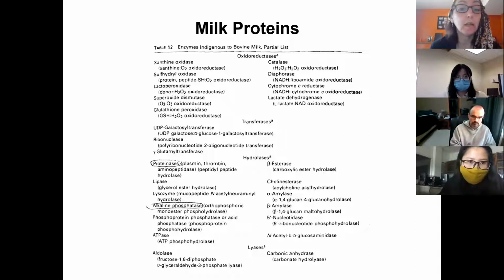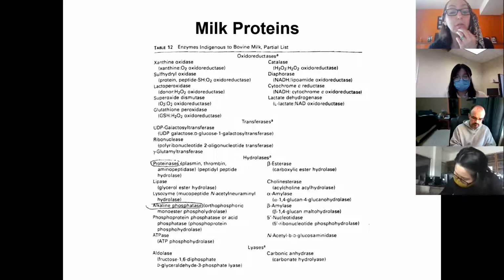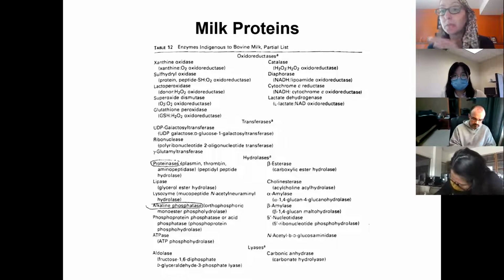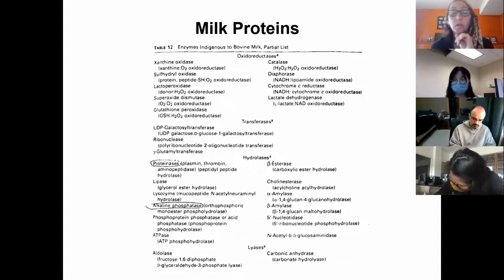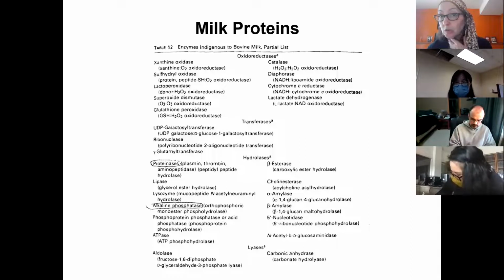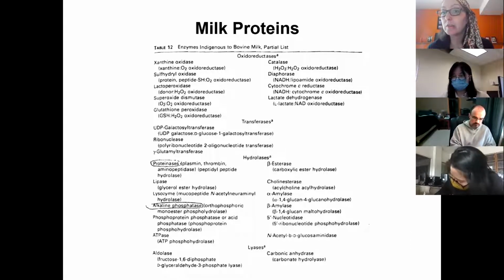Another one I highlight, of course, there's lipase, there is lysozyme, but the one that I circled is alkaline phosphatase, and it's an important enzyme from a processing perspective, because when you pasteurize the milk, you're aiming at killing pathogenic bacteria.